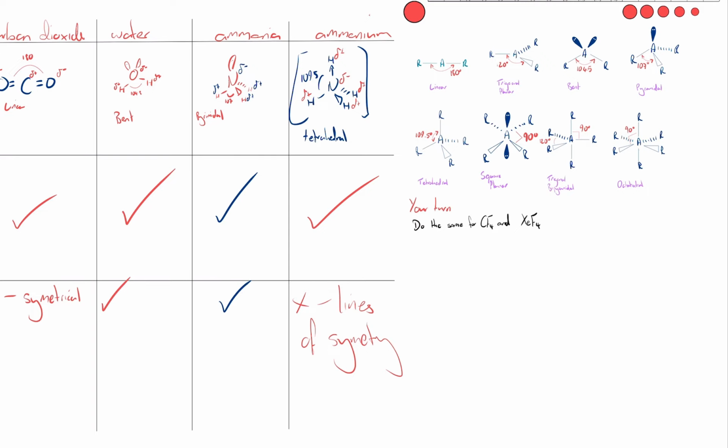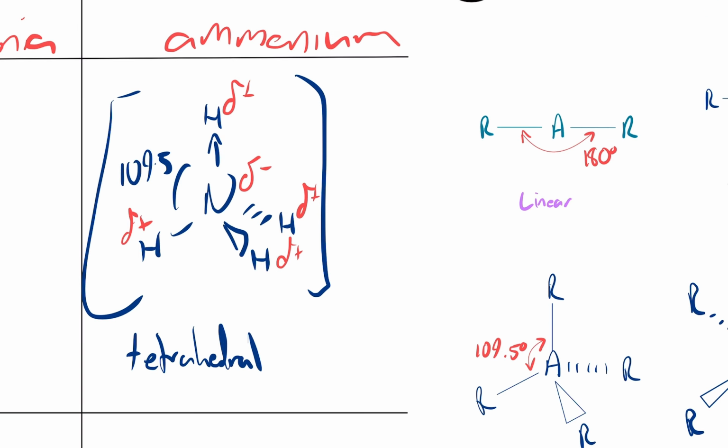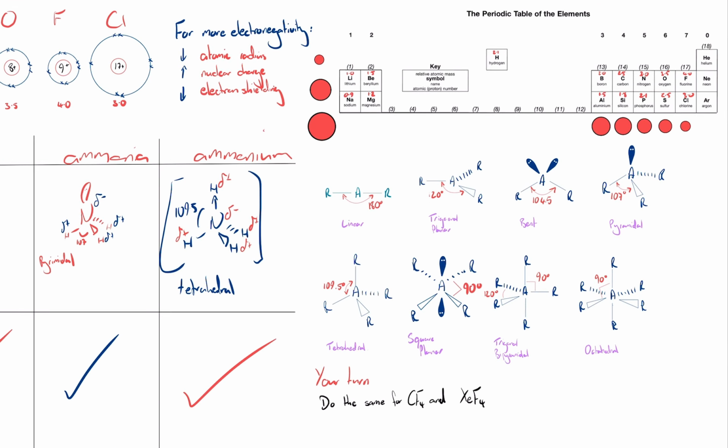And again, a few things can change that. So if, for example, one of these was Cl, now all of a sudden this symmetry is broken. Then we have a polar molecule, but we don't have that. And where this will apply is for linear, for trigonal planar, for tetrahedral, for square planar, and for octahedral.